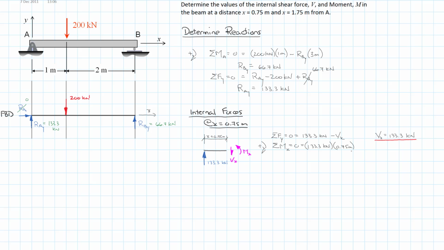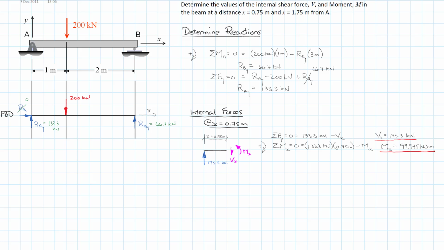And the V at x has a 0 perpendicular distance to that position, so it disappears. And then we have M at x trying to turn it counterclockwise, so it gets a negative sign and goes in there. And we can isolate for M at x and solve for it to be 99.975 kilonewton meters. And so those are the internal forces at x equals 0.75 meters.